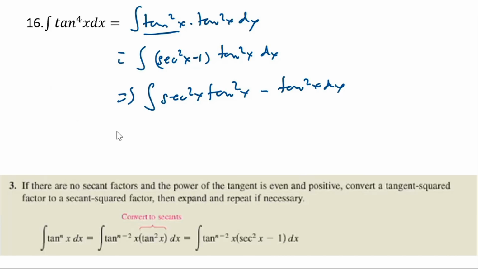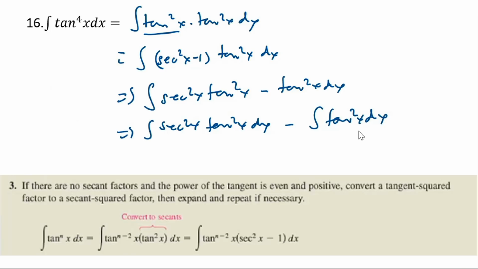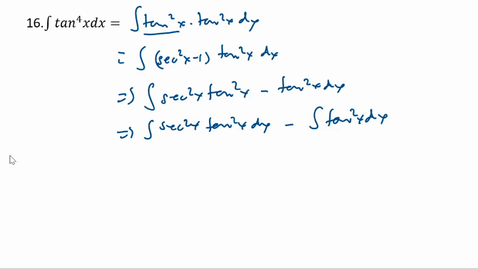By separating the two terms, we can write now the integral of secant squared x tangent squared x dx minus the integral of tangent squared x dx. So in the first term, let u here be tangent x, and the derivative of tangent x is secant squared x dx, which is this one.